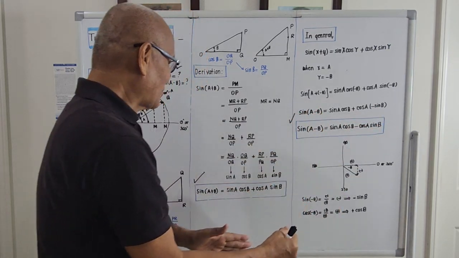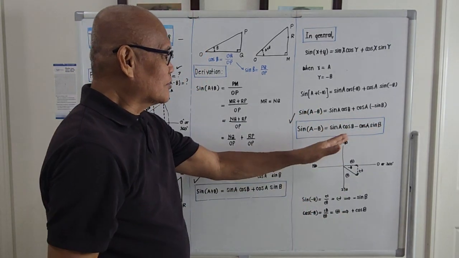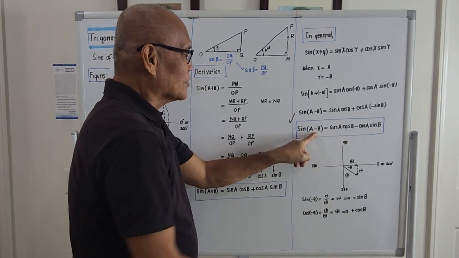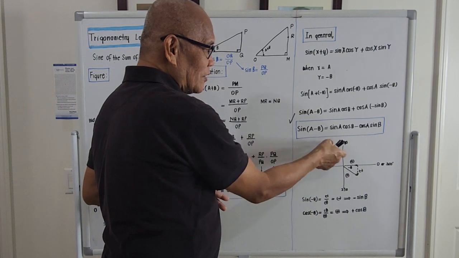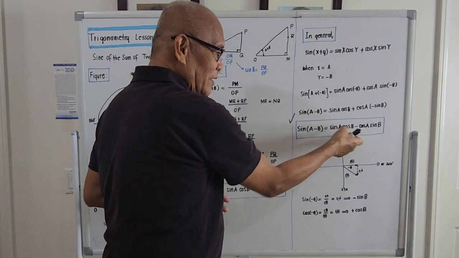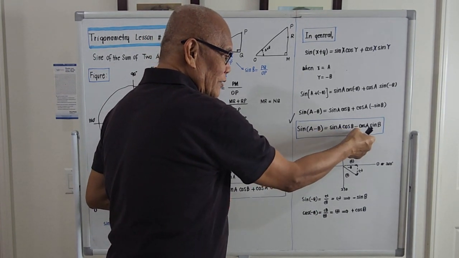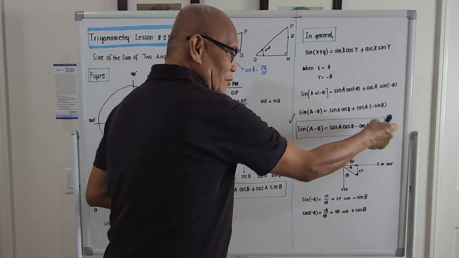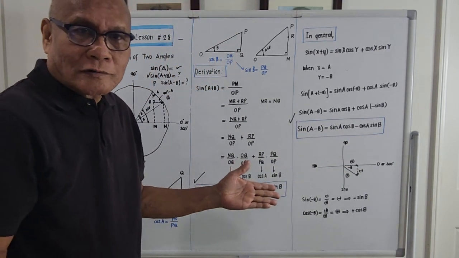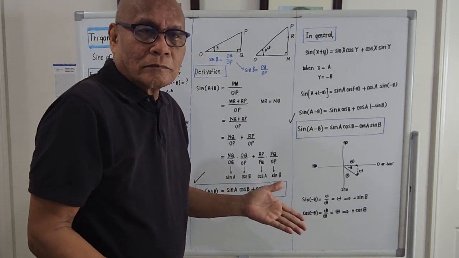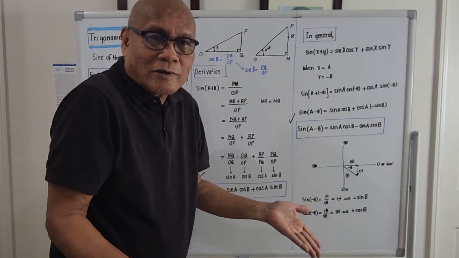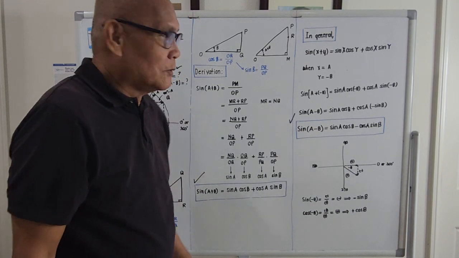So sine of the quantity a minus b will be sine a cosine b, minus cosine a sine b. 33 years ago, I could still recall it from my head. But the problem is, I could still derive it, so there will be no problem.